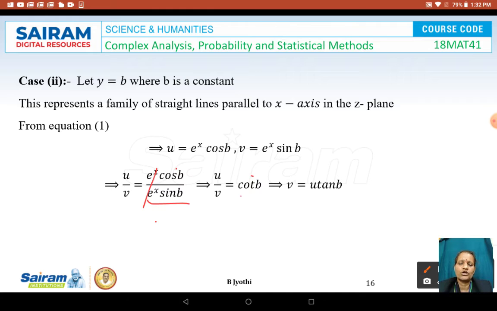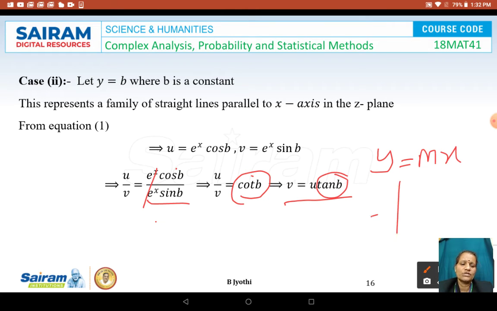We get cot b, which is a constant. Otherwise, v is equal to u into tan b, where tan b is a constant. So it looks like a straight line y is equal to mx, which passes through the origin, which everyone knows.